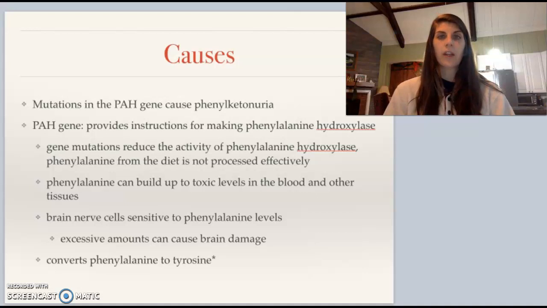So the phenylalanine can build up in the blood and become actually very toxic. And in the brain, the nerve cells are very sensitive to phenylalanine levels, so excess amounts of phenylalanine can cause brain damage. So going back to the phenylalanine hydroxylase, because this is required for the conversion of phenylalanine to tyrosine, when the phenylalanine hydroxylase is potentially deficient, the tyrosine actually becomes the more essential amino acid.